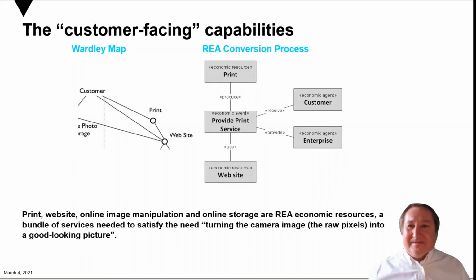For example, the print service is produced by using the website, and the print service is provided by the enterprise and received by the customer. From the REA model, we can see that we cannot produce print service just using a website.